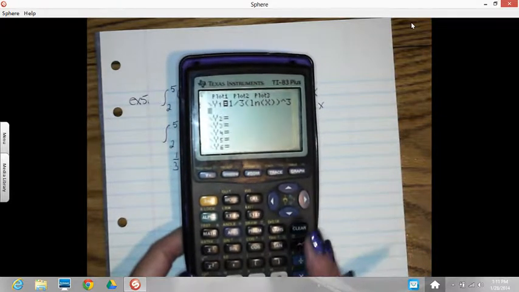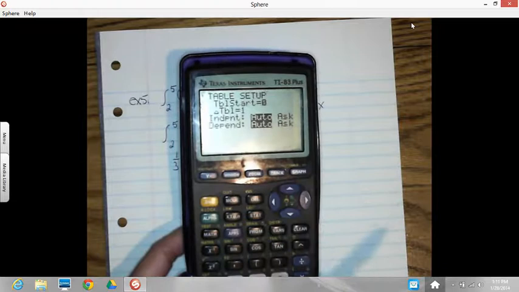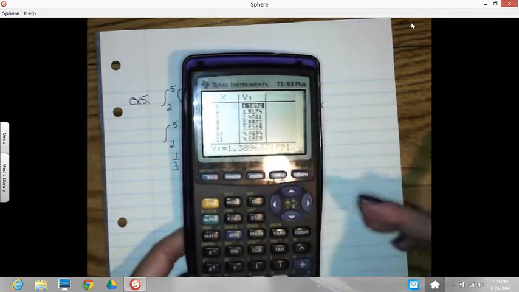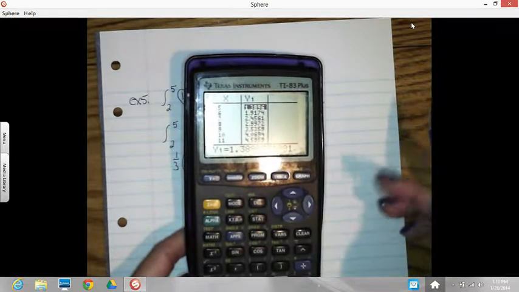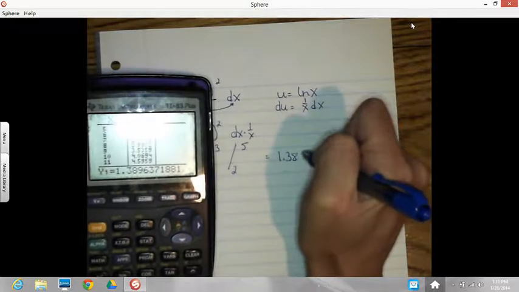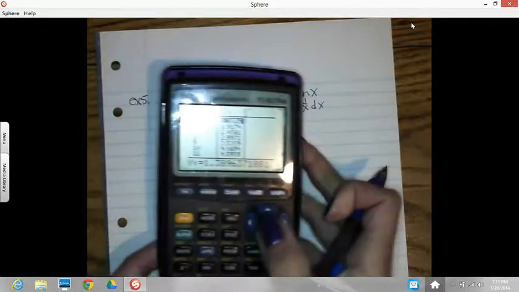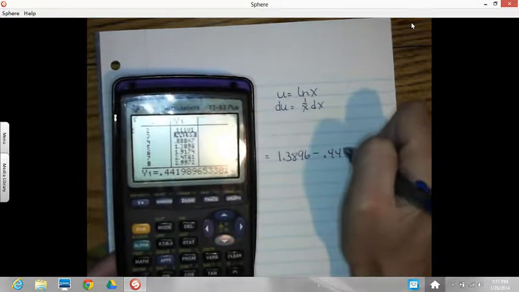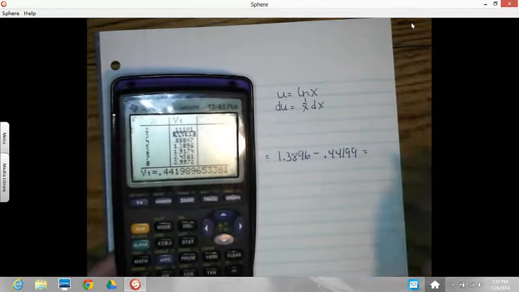In the table, I want to start at 5. So at 5, I've got 1.3896 minus the value at 2, 0.44199, and then whatever that comes up to.